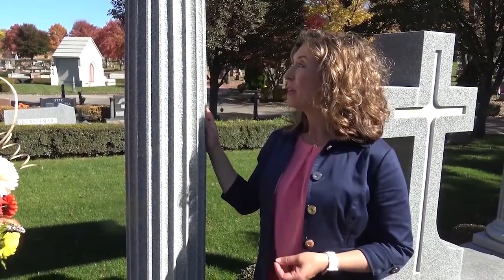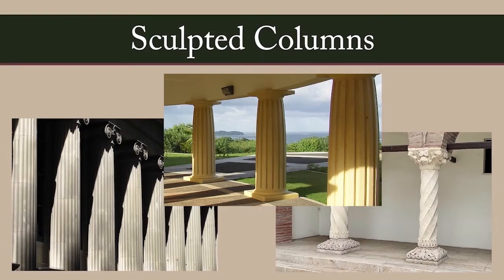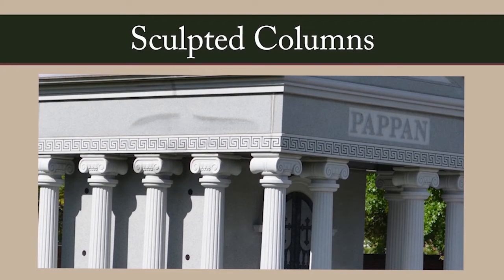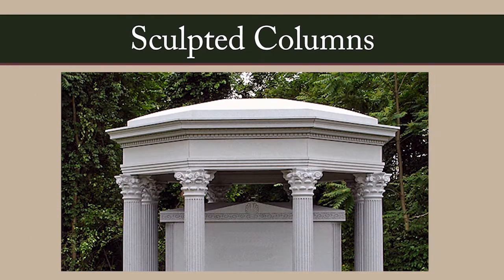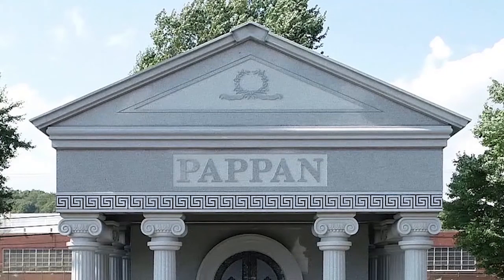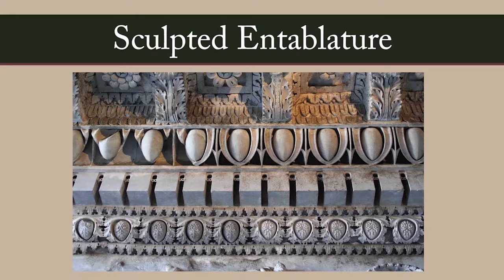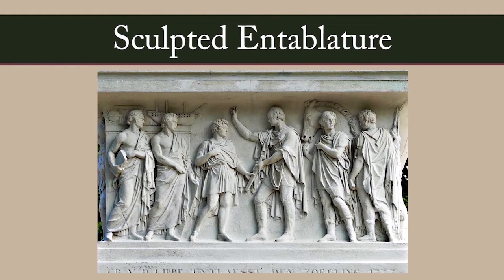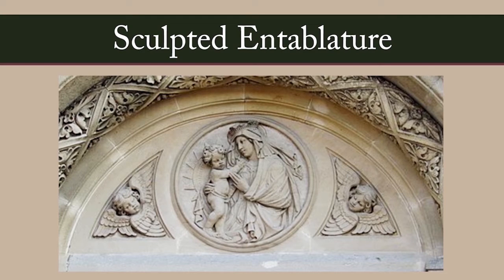Fluted columns can be carved in a number of classic styles. The wide supports at the top of the column can be sculpted with decorative ornate capitals or crowns. The entablature, or the granite moldings and bands that lie horizontally above the columns, are often decorated with egg and dart sculpture, or dentil. Bas-relief sculptures, three-dimensional carvings with a shallow depth, can depict scenes with important meaning to your family.